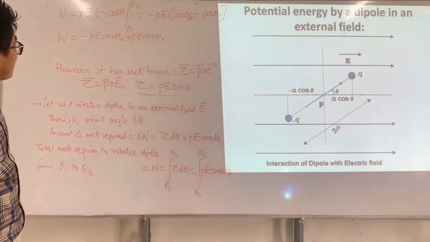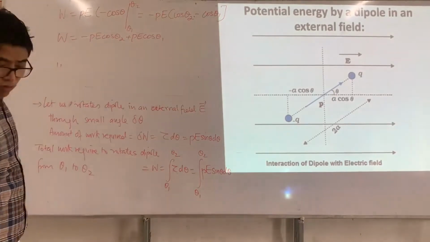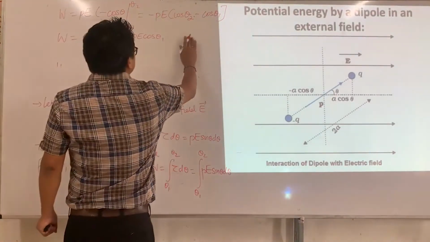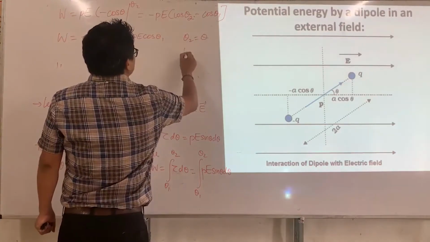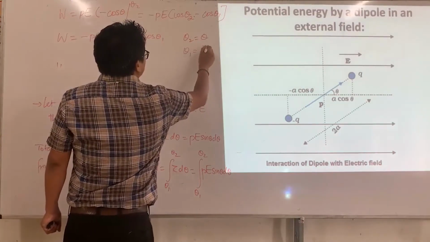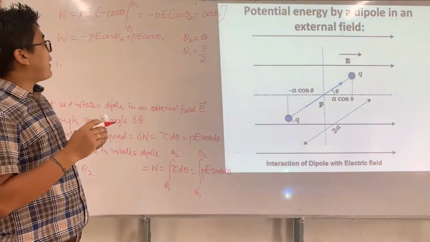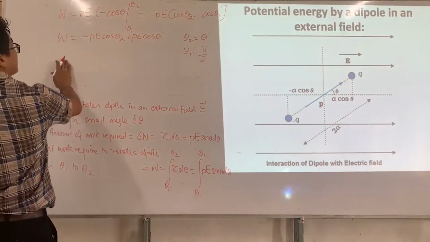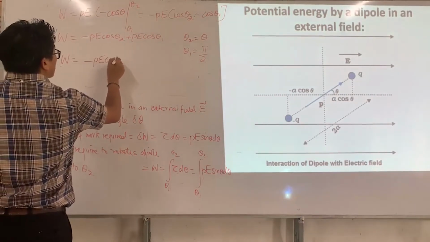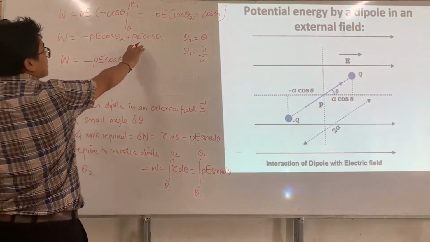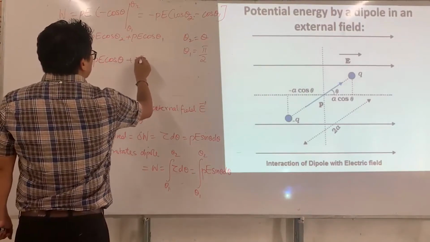Now if I put in limits, let's say theta 2 is equal to theta, and theta 1 is equal to pi by 2. I rotate from pi by 2 to some theta, then the work is equal to minus PE cos theta. Why? I'll write this step once more.